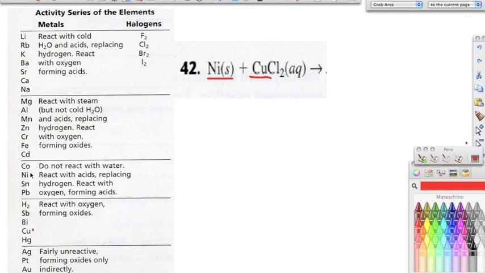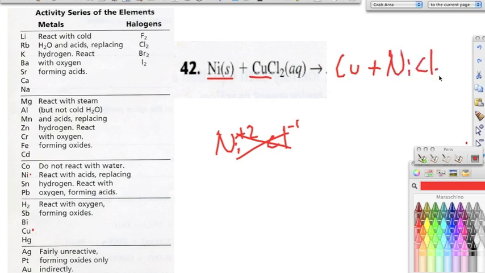So nickel is on top, so this reaction will happen. And we see that we're going to have copper all by itself, so just Cu. And then our other product is going to be nickel bonded to chlorine. Now nickel has a +2 oxidation number, and chlorine has a -1 oxidation number. We crisscross these guys and we get NiCl2.